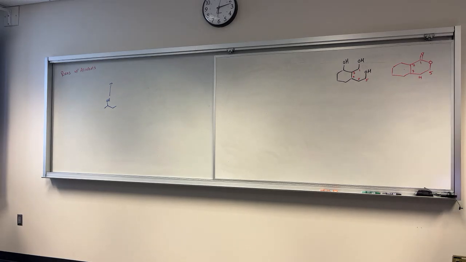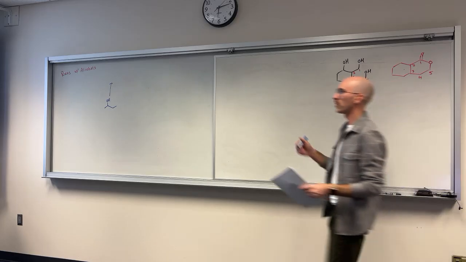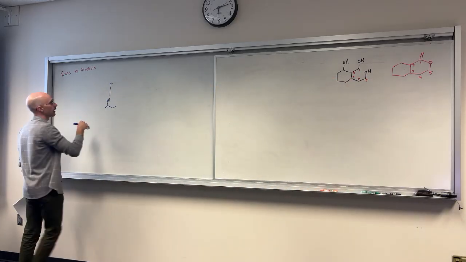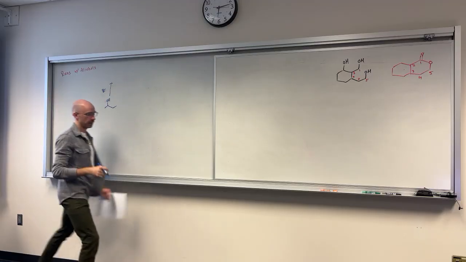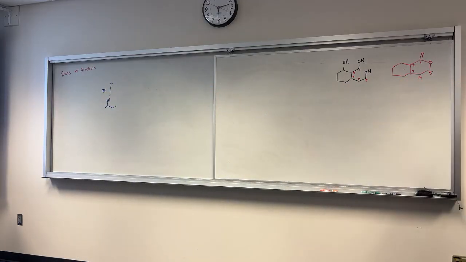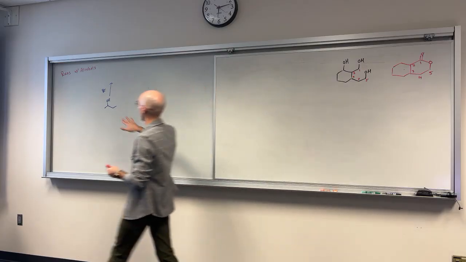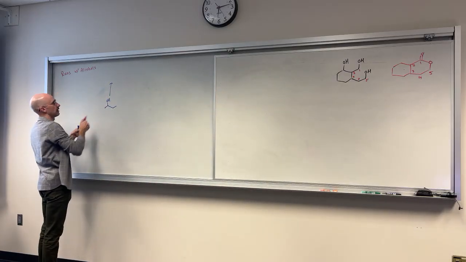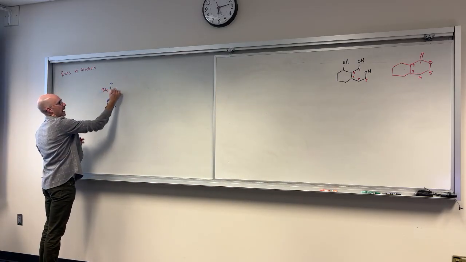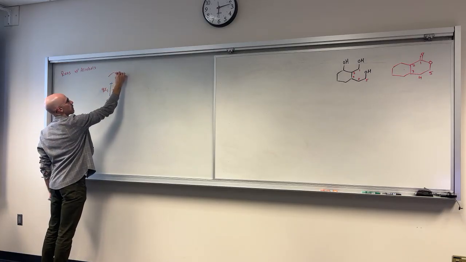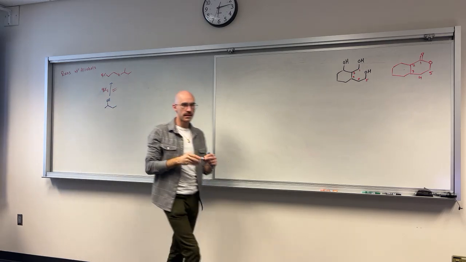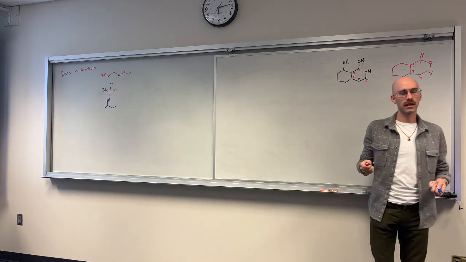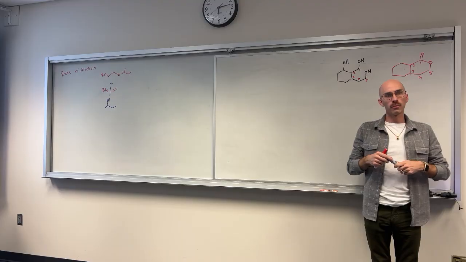One of the first things that we learned we could do with alcohols was run halohydrin addition. So if our alcohol here was subjected to elemental bromine and ethylene, then I can get this haloether product.